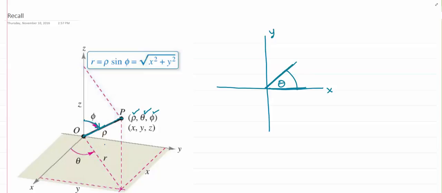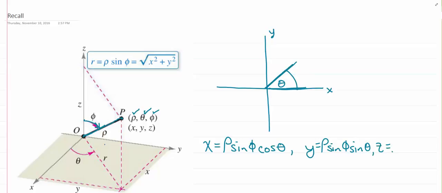Now, here's what we need to do. We need to remember some things. When we're converting, remember that x is equal to rho sine phi times cosine theta. Y is equal to rho sine phi sine theta. And z is equal to rho cosine phi.